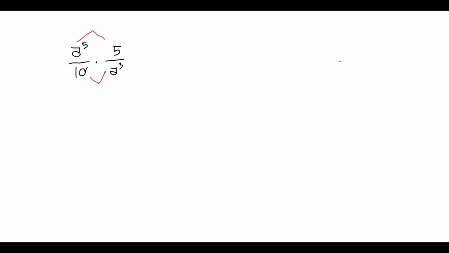To simplify this expression, we multiply a to the power of 5 times 5. We get 5a to the power of 5 divided by 10 times a cube, which is 10a cube. Take note that we can still simplify this one.